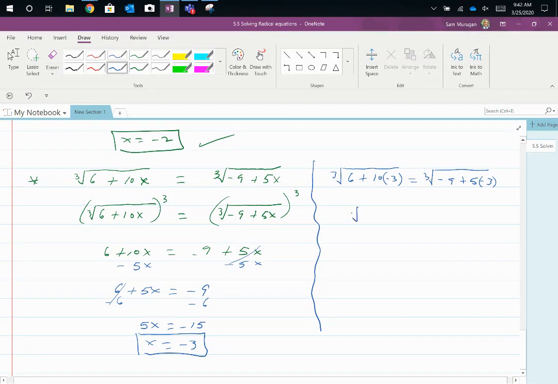So this is the cube root of -24 is equal to the cube root of -24. So clearly the left-hand side is equal to the right-hand side, which means our answer is a great answer.